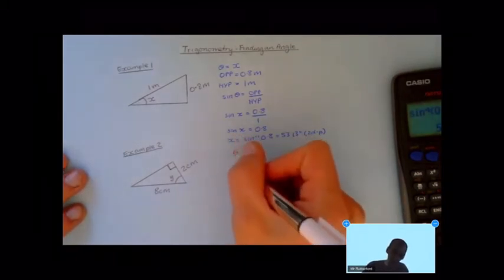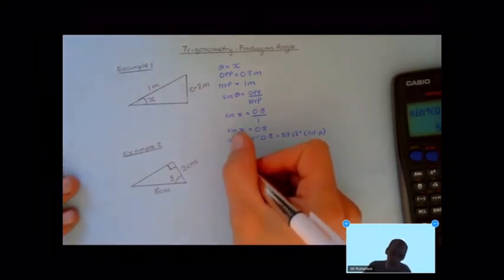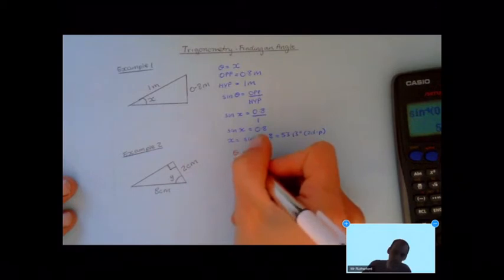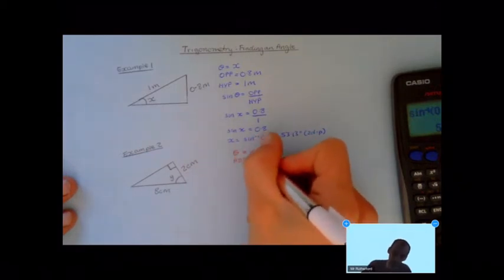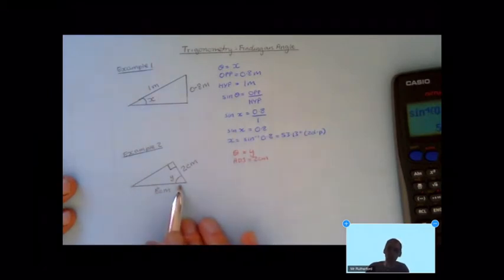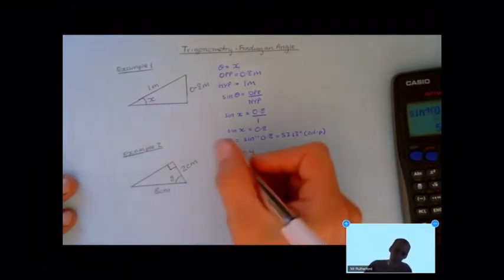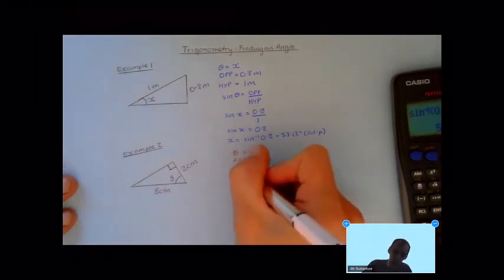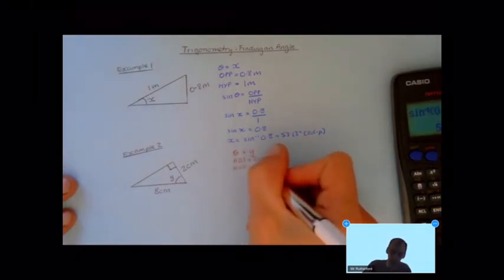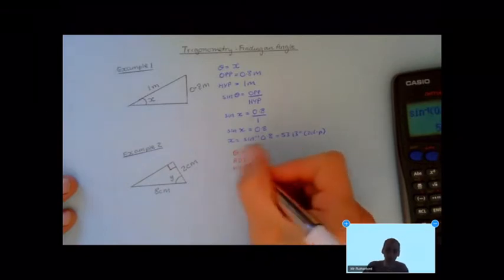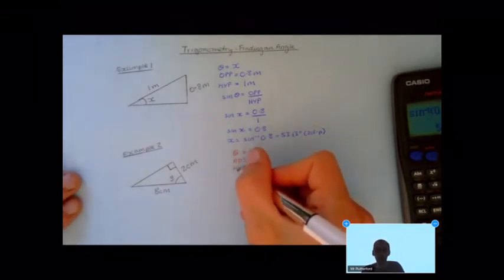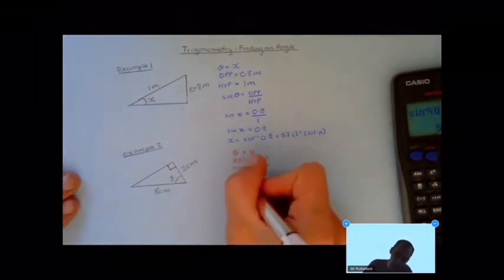We have got the length that is next to it, so we have got the adjacent, which is 2 centimetres, and this is the longest side, which is the hypotenuse. So we've got the A and the H, so it's going to be cos.